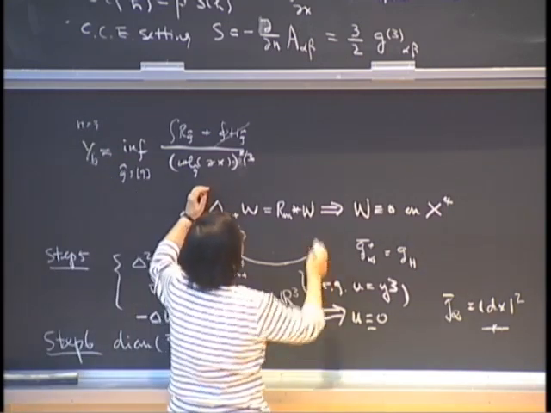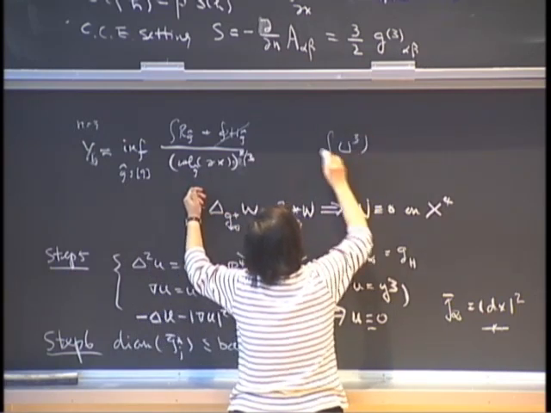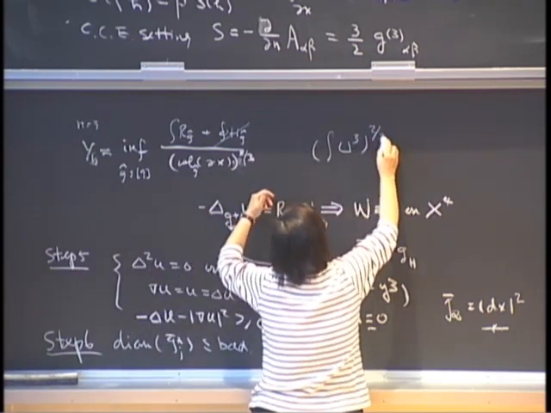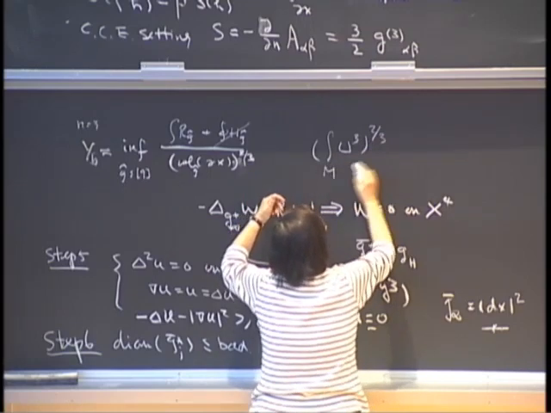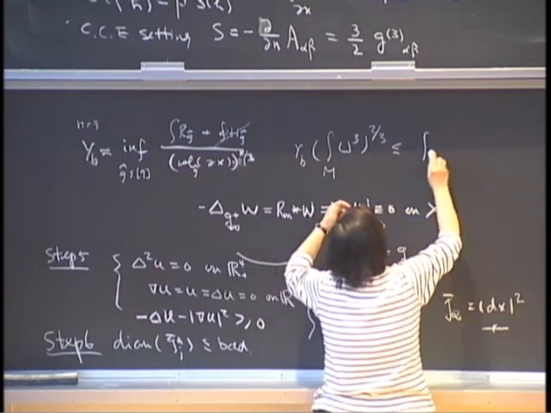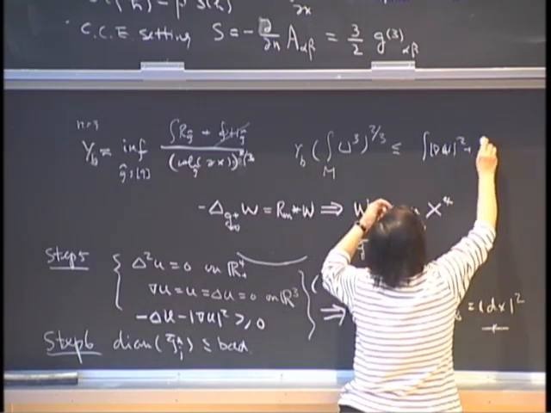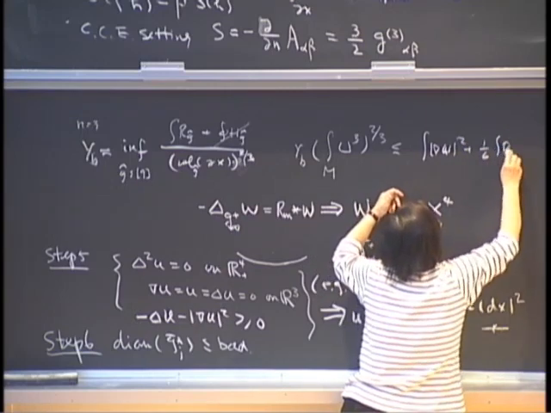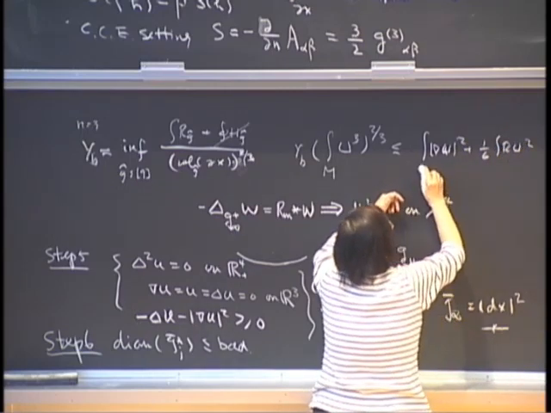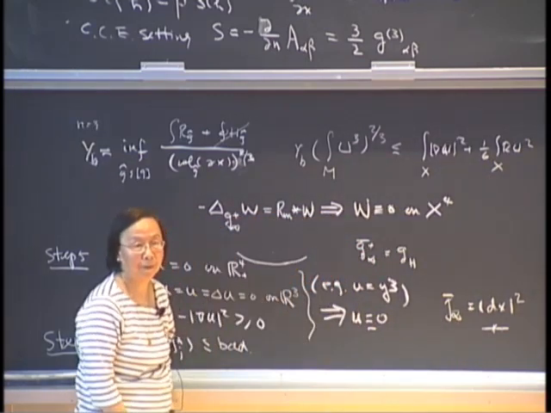But in our case, it amounts to saying that you have the Sobolev trace inequality. The 2 thirds power on the boundary is less than or equal to some constant times gradient U squared plus 1/6 scalar curvature U squared on X. That's the inequality we play. Okay?